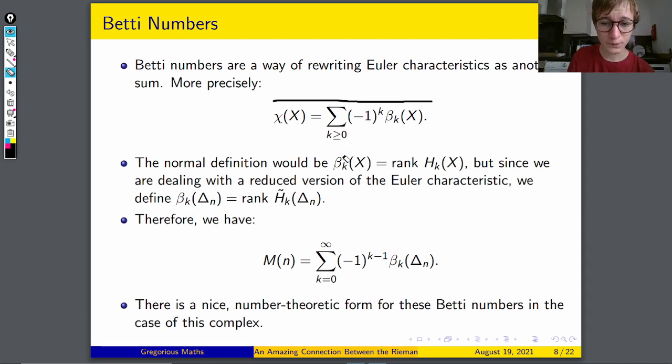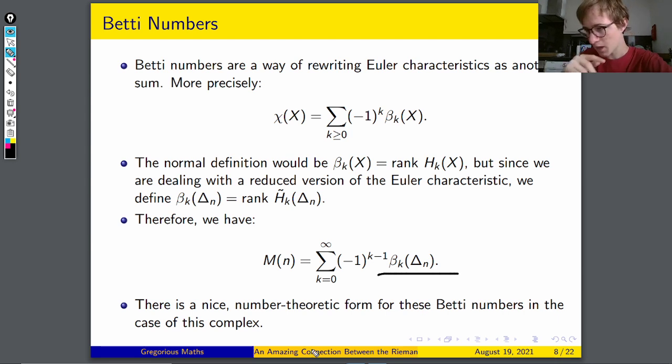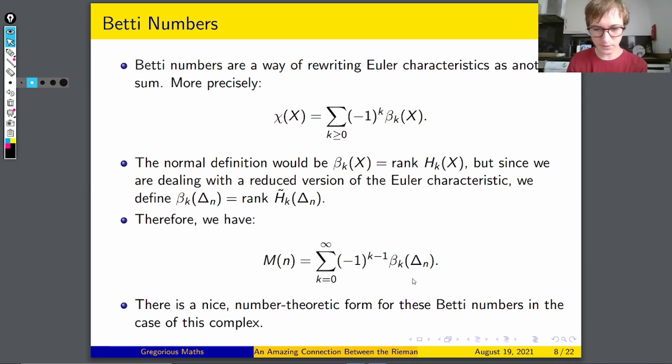So we've defined the Mertens function as this sum of Betti numbers. Right now these Betti numbers are still probably quite mysterious to you because they have such a technical definition, but the beauty of this is that they admit a very nice form when we're dealing with the Betti numbers of this delta n thing.